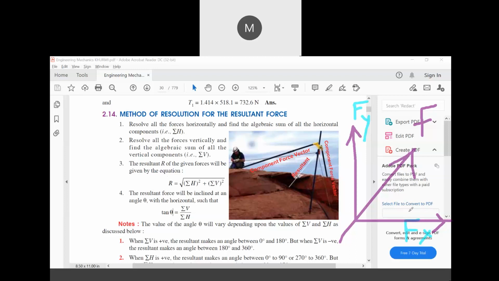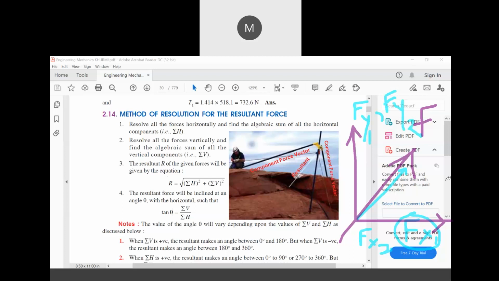How to resolve, we'll definitely discuss in the later part. Now suppose there are multiple forces. Then this is Fx1, and we have resolved this other part, this is Fx2. In that manner, x1, x2. Here also there will be Fy1, then Fy2.